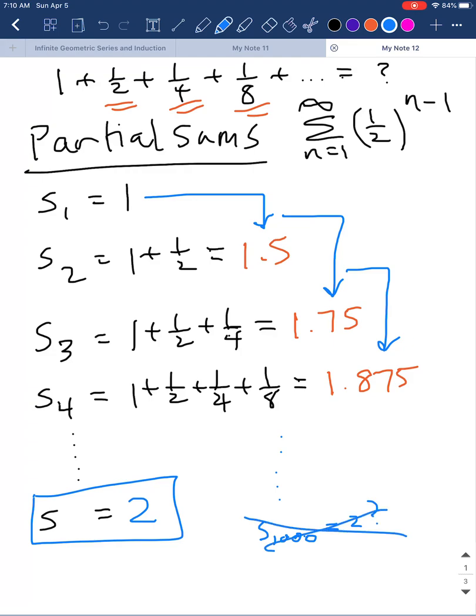No. So what we get is a value that is closer and closer to 2. And in fact, we can get as close as we want. So if I wanted to, I could find a particular value that gives me a certain number of 9s after the 1. Right? So I could find some particular n that's equal to 1.9999. We can get as close as we want to by adding more and more terms.